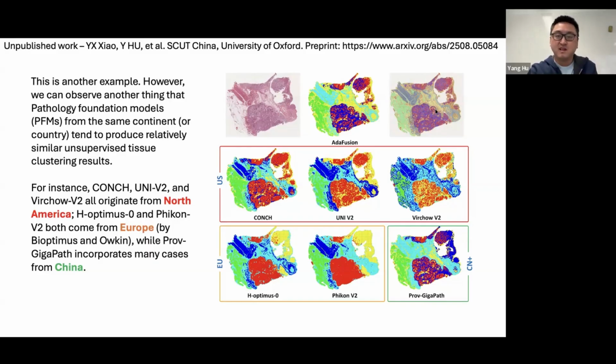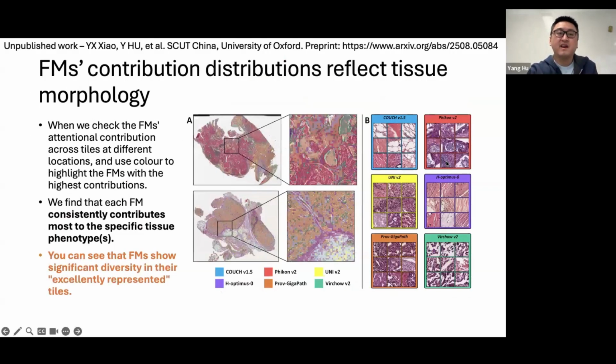A more interesting phenomenon we observed is that when we check the foundation model attention contribution across tiles at different locations, we use color to highlight each of them.